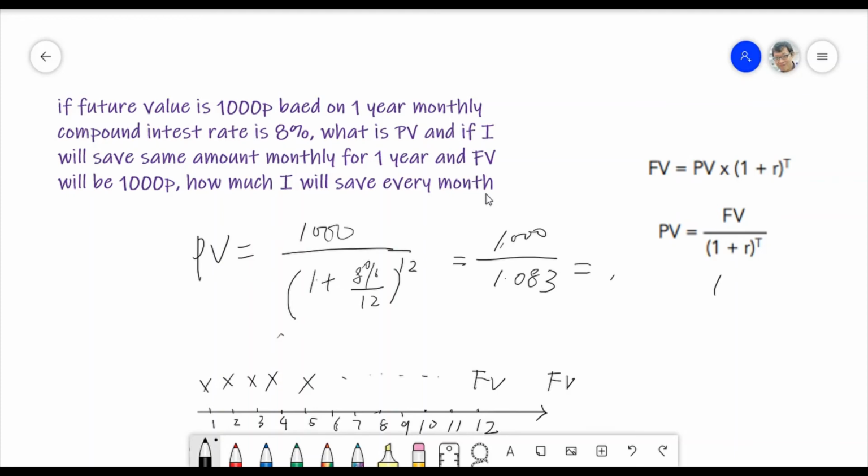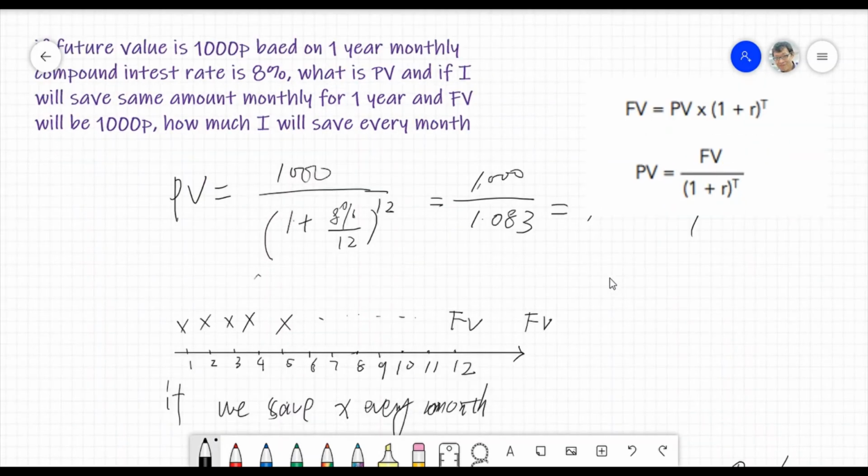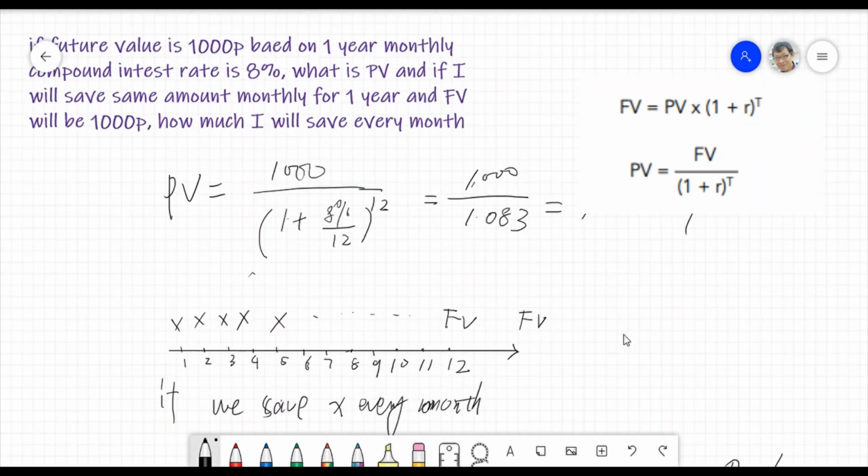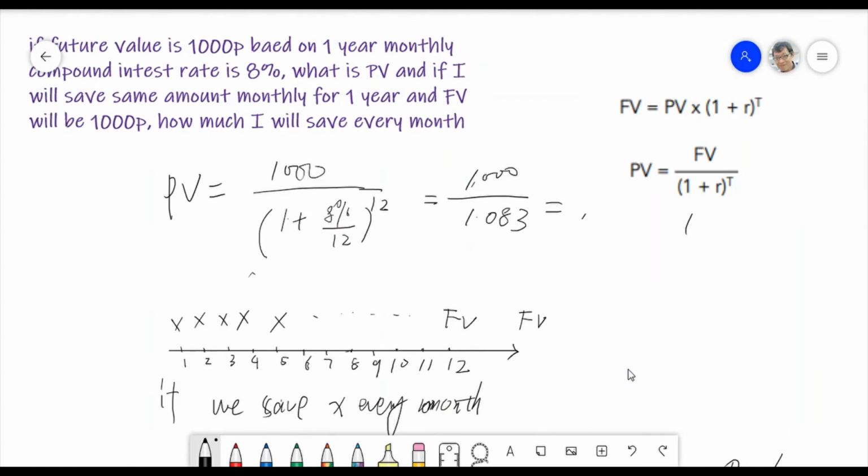If I want to get married and I need 1 million after 1 year, I just want to check how much exact amount I should save every month to get 1 million after 12 months. Same as the question, right? This kind of thing is very useful. So how do we calculate this one?